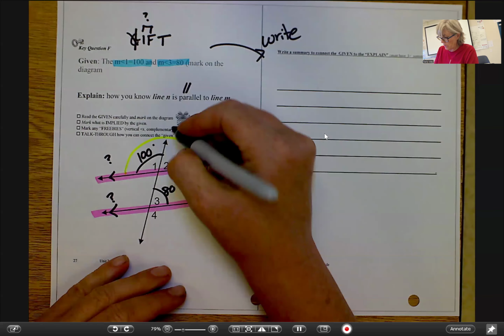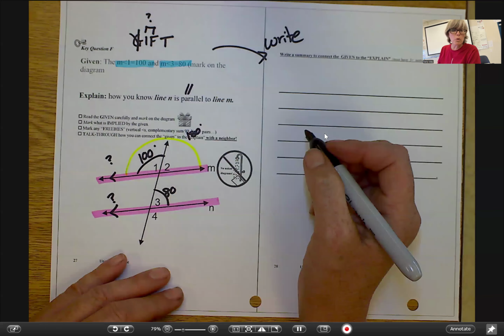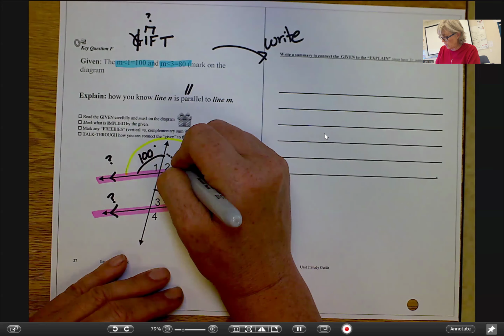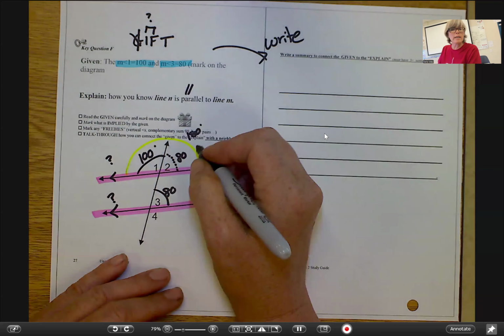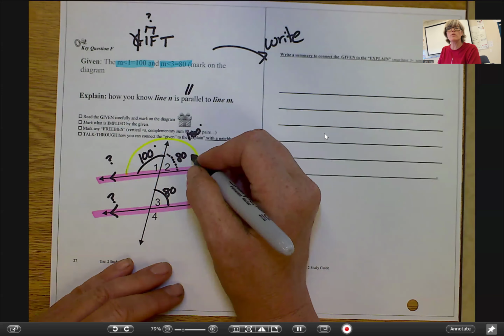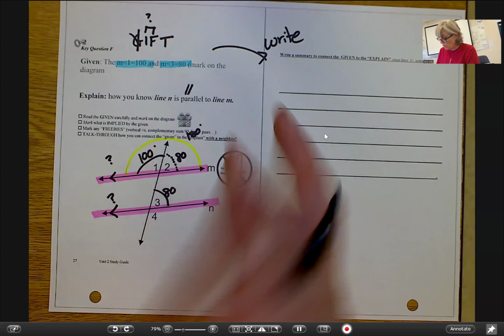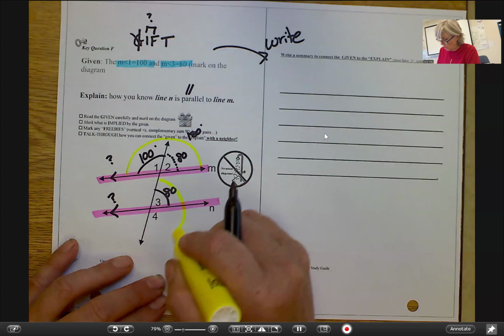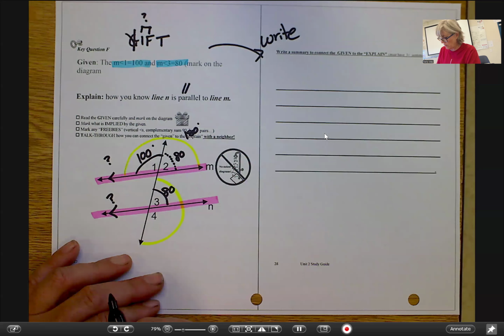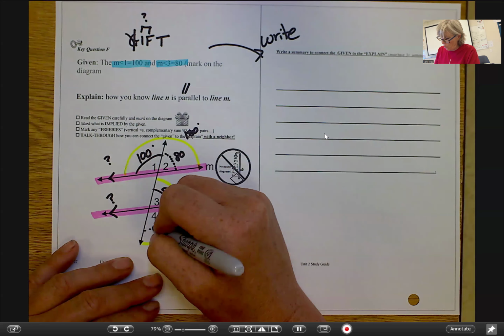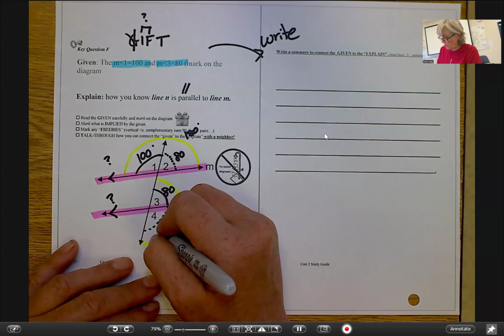Means they add up to 180, which forces angle 2, of course, to be 80. You aren't given that angle 2 is 80. You have to explain why it's 80 because of a linear pair. Or you can do this, going this way. This is also a linear pair, which means angle 4 must therefore be 100.